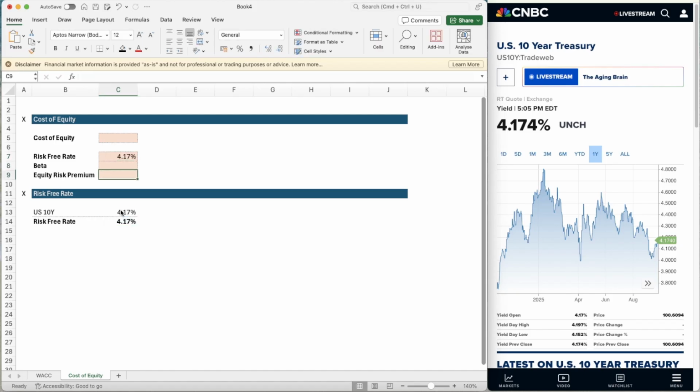And the cost of equity, for those of you watching for the first time, equals the risk-free rate plus the beta multiplied by the equity risk premium. So I'll leave that there for now, but that's what we're working towards.